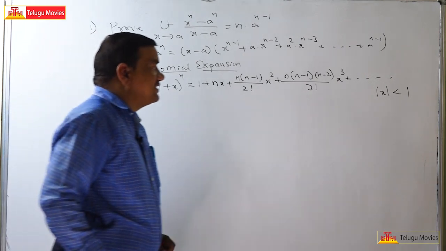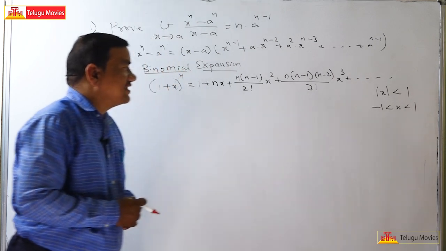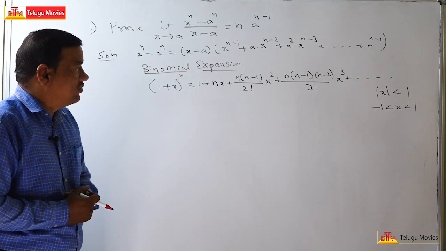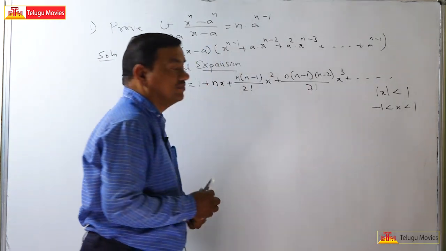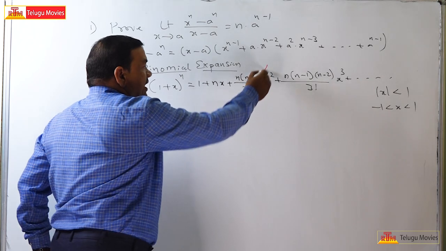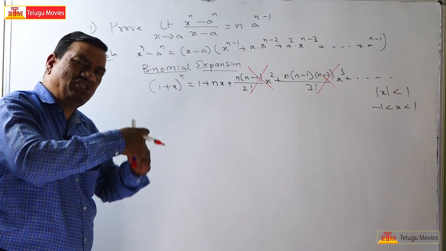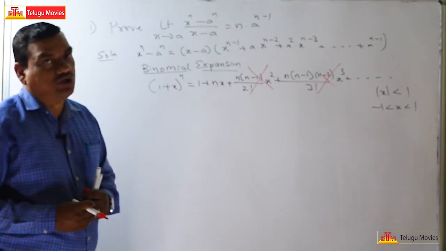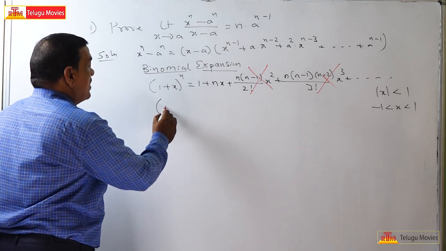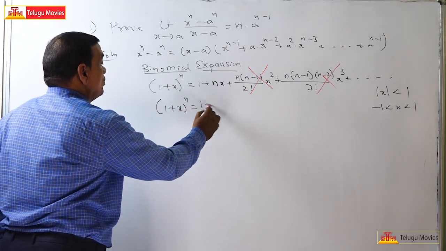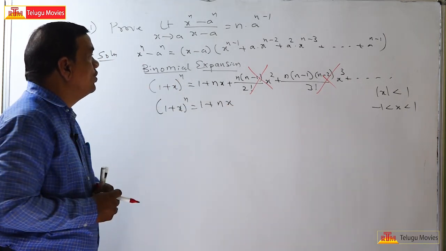Since x lies between −1 and +1, we can eliminate these higher powers of x. That means x², x³ become very close to 0. So we will take (1 + x)^n as 1 + nx. Using this concept, we are going to prove the theorem.